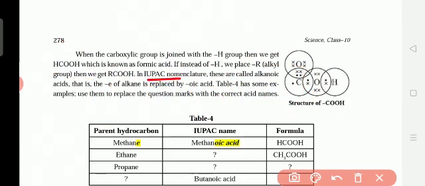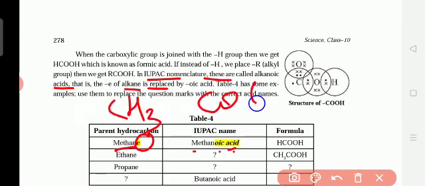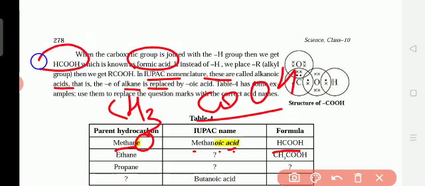According to the IUPAC nomenclature, these are called alkanoic acids. So alkane is replaced by, now you see methane, here the E is replaced by oic acid, so methanoic acid. So we get methane, CH3. When COOH is added, we get HCOOH. So the formic acid formula is also HCOOH.